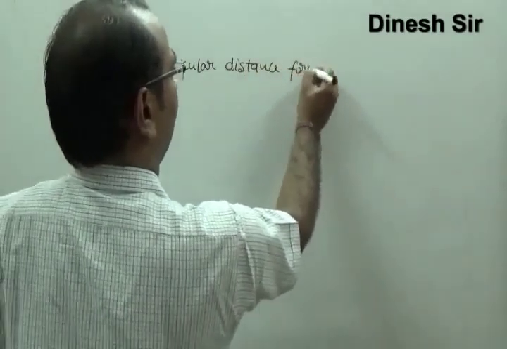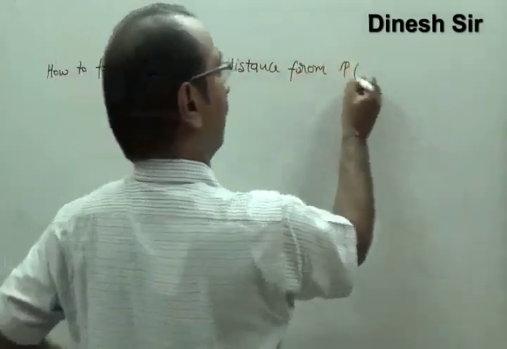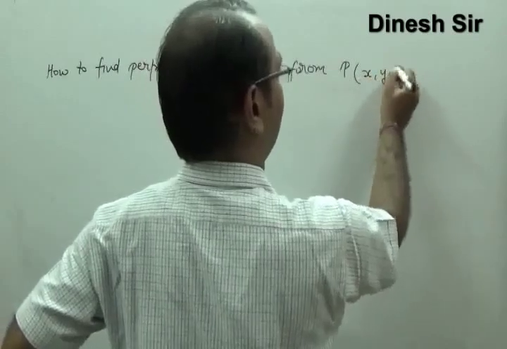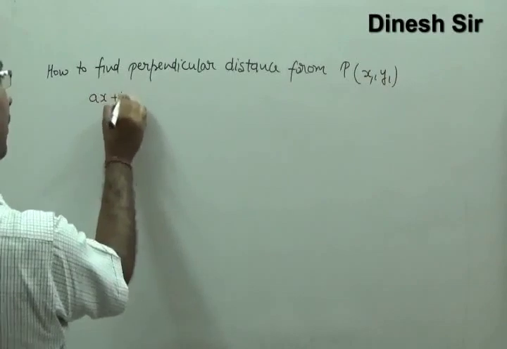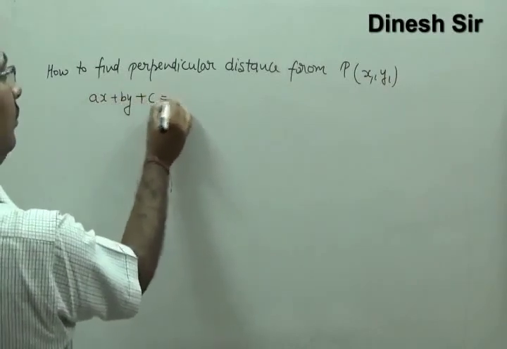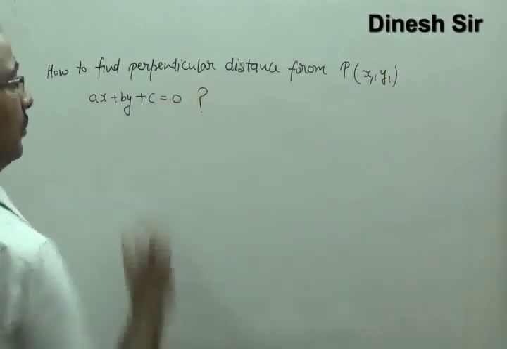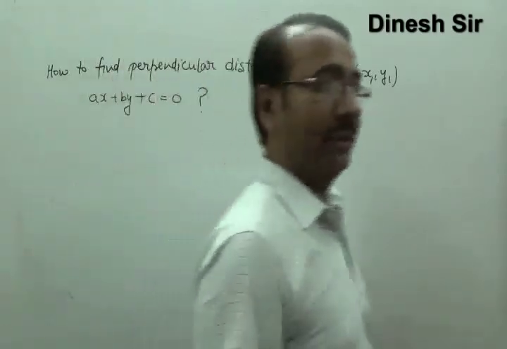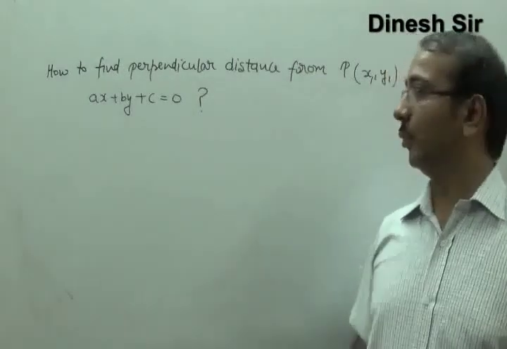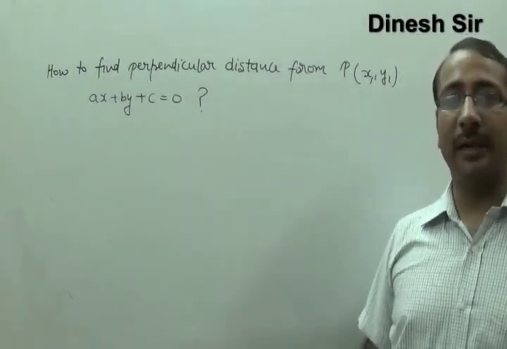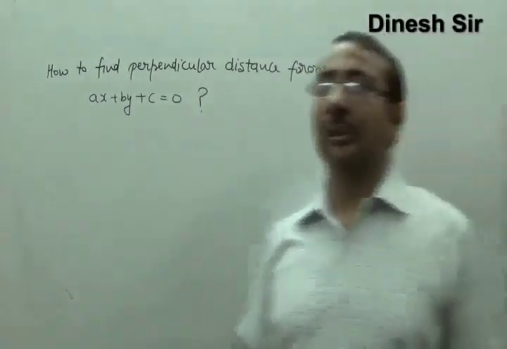How to find the perpendicular distance from a point P, that is (x1, y1), over a line ax + by + c = 0.